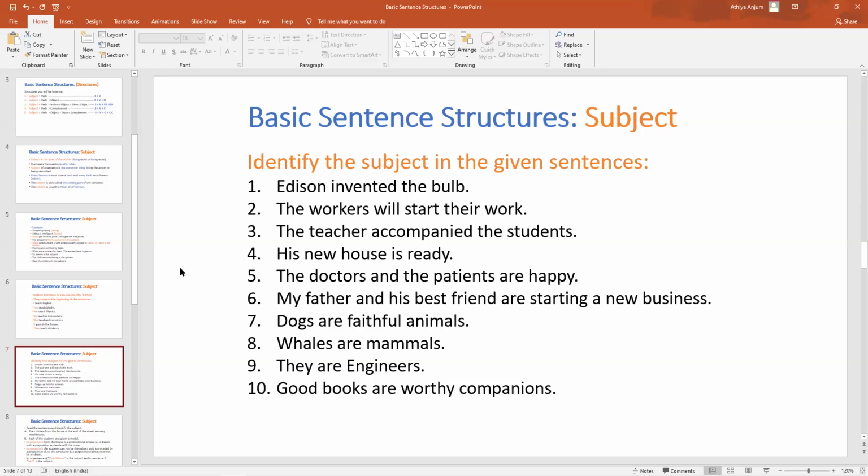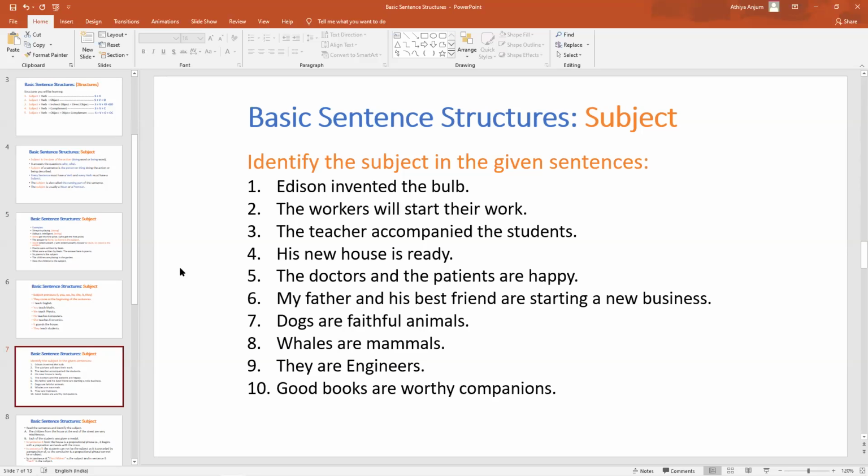Okay. Dogs are faithful animals. Who are faithful? So, dogs are faithful animals. Whales are mammals. Okay, who are mammals? Whales are mammals. They are engineers. The question, who are engineers? They.